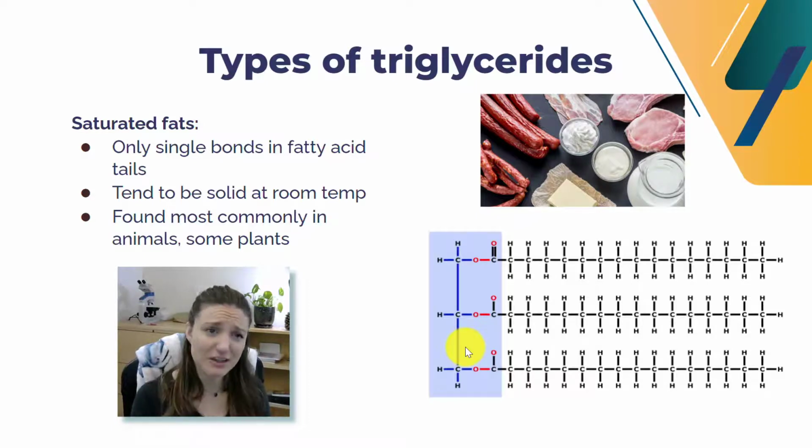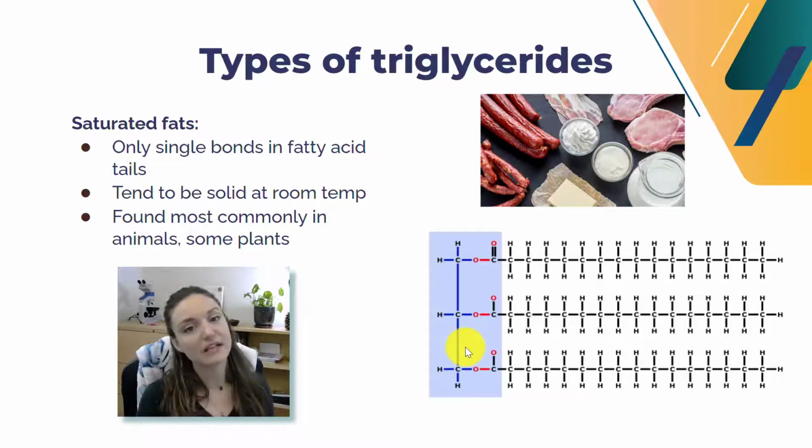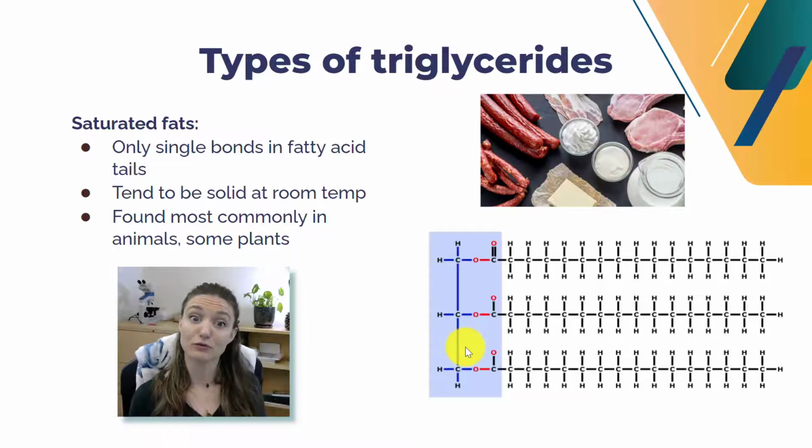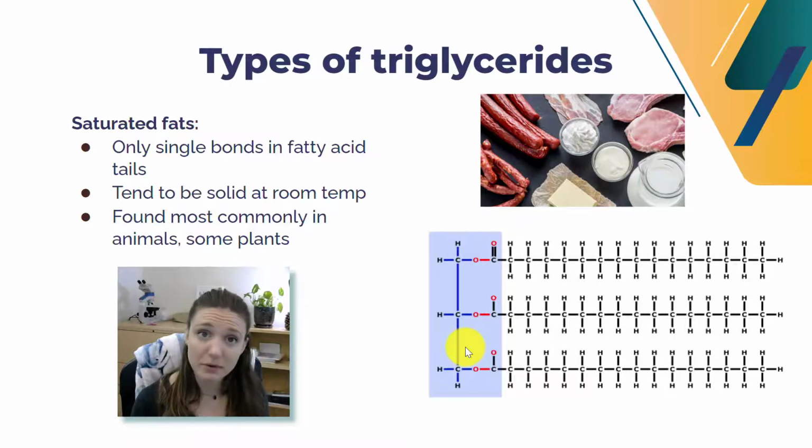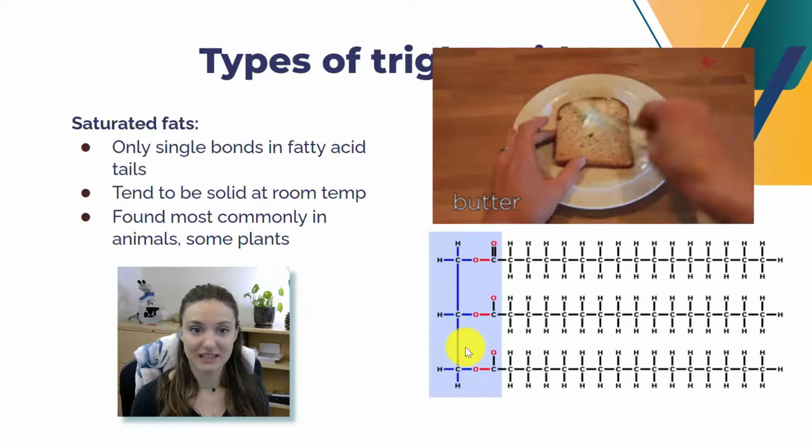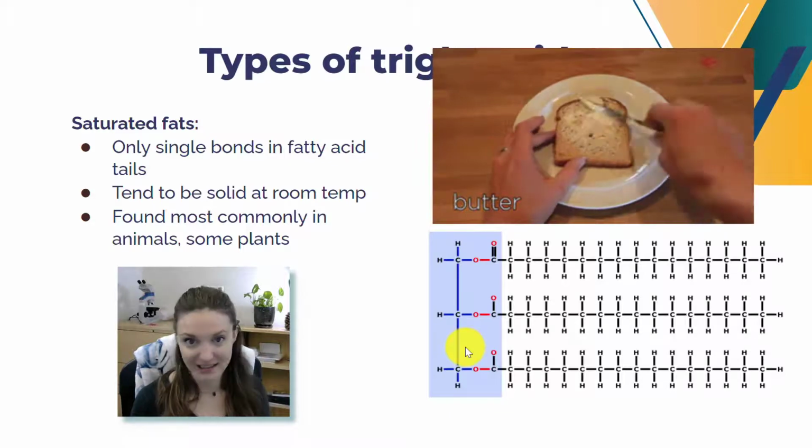So when there are only single bonds in the fatty acid tails, that's going to be a saturated fat. These are the types of fats that tend to be solid at room temperature. Often we'll find these in animal products, so we tend to find them in things like butter or in meat that animals produce, right?